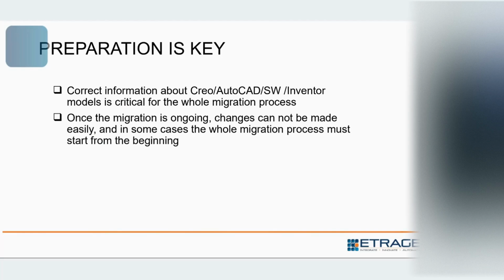So correct information about Creo, AutoCAD, SolidWorks or Inventor models is critical for the whole migration process. Once the migration is started, changes cannot be made easily, and in some cases the whole migration process must start from the beginning. Because of that, we are pointing to this preparation.